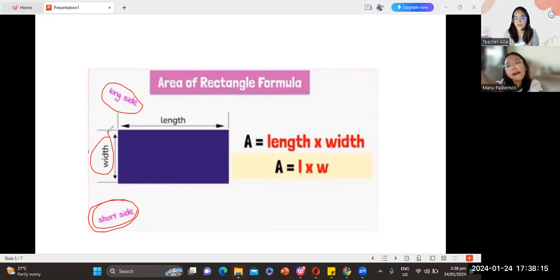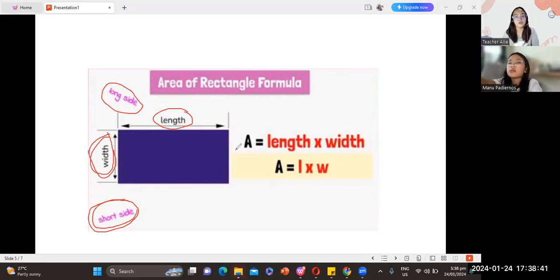The short side is called the width. And the long side is the length, right? Now, how are you going to find the area of a rectangle?